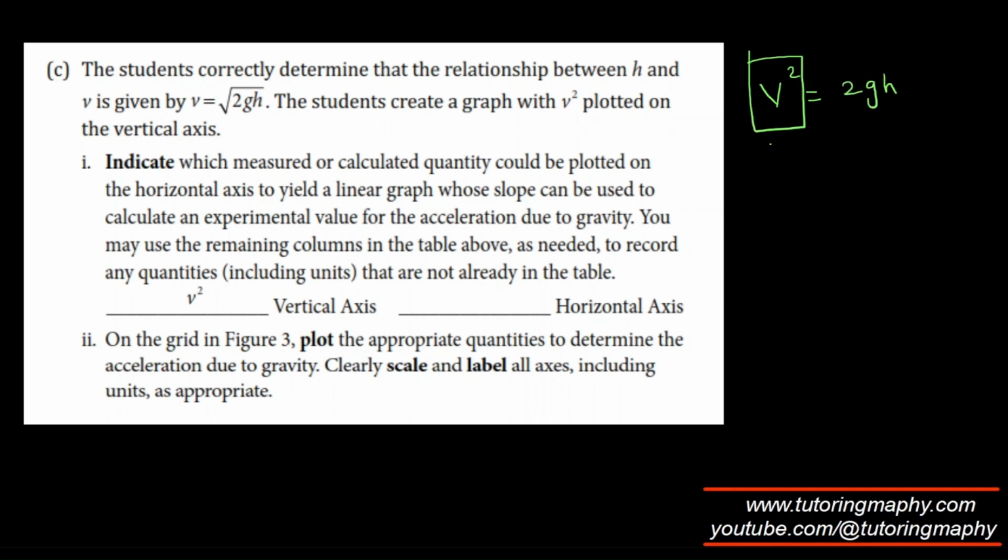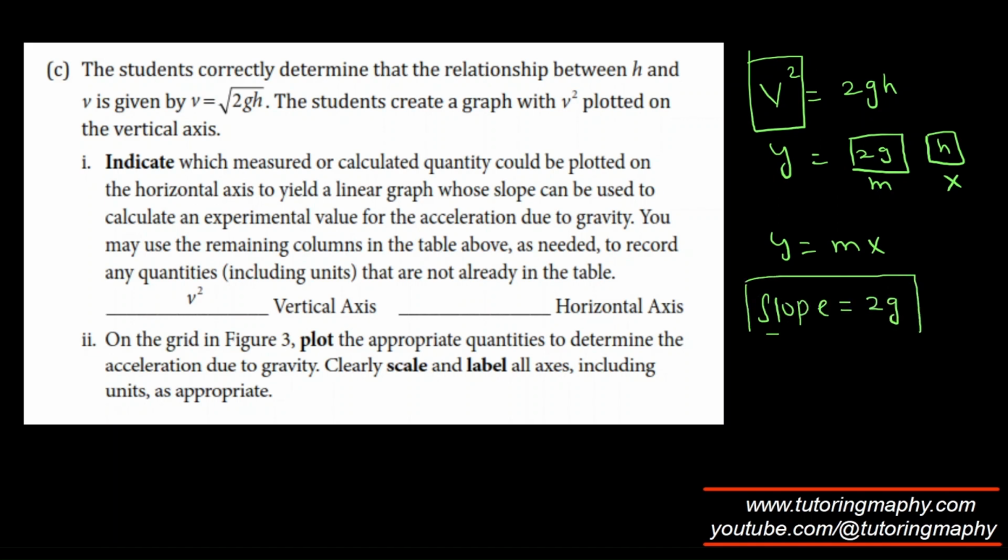So it makes sense that if this is y, this has to be the slope and this has to be the x value. So this will become y equal to mx, where the slope can be used to find the acceleration due to gravity by just dividing by 2. So the horizontal axis should definitely be the height h over here.